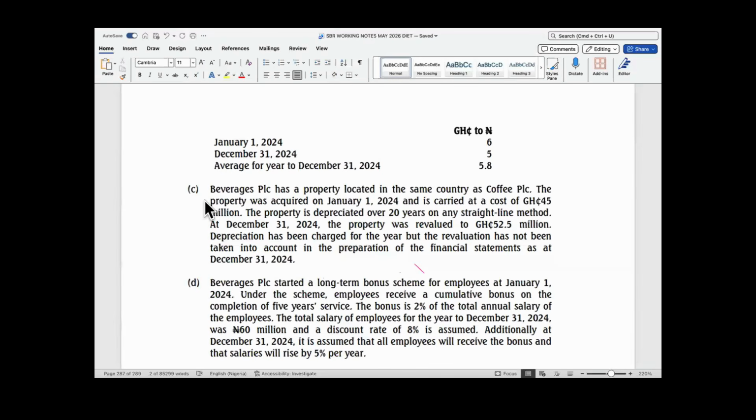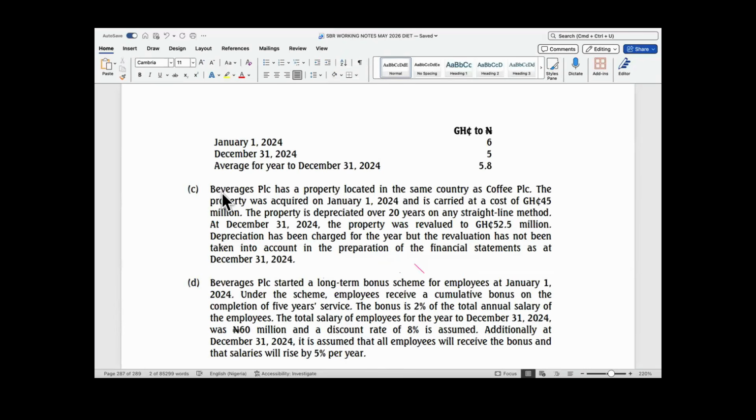Okay, so how are we doing here? So here now, I'm told that the parent company bought a property in a foreign country. So this one is that of a foreign currency transaction.